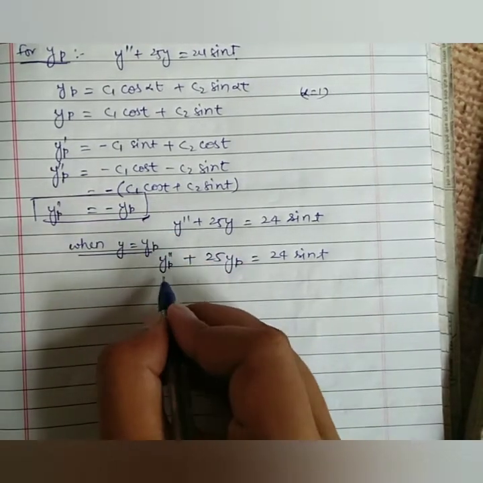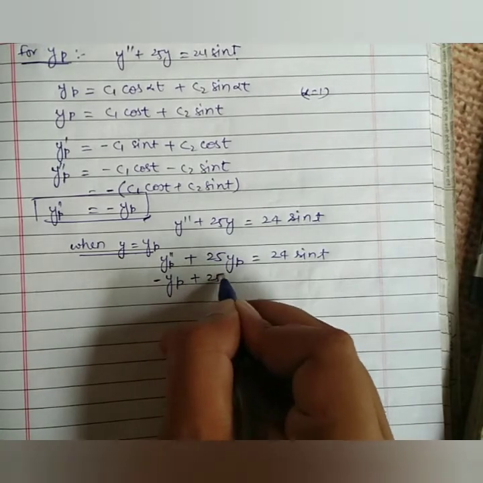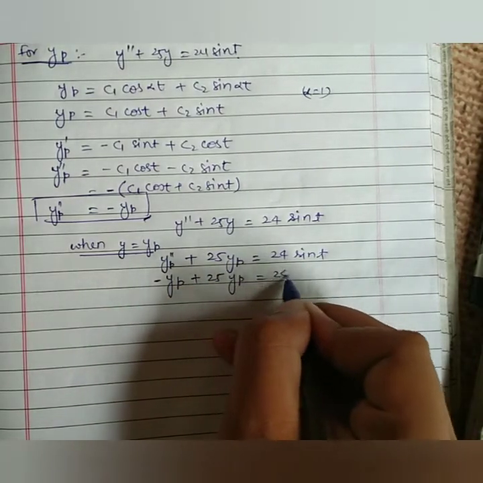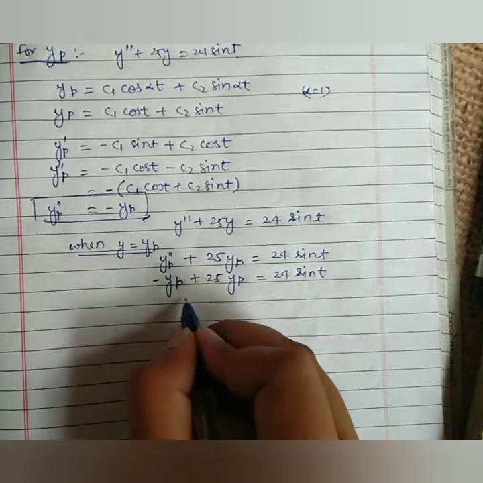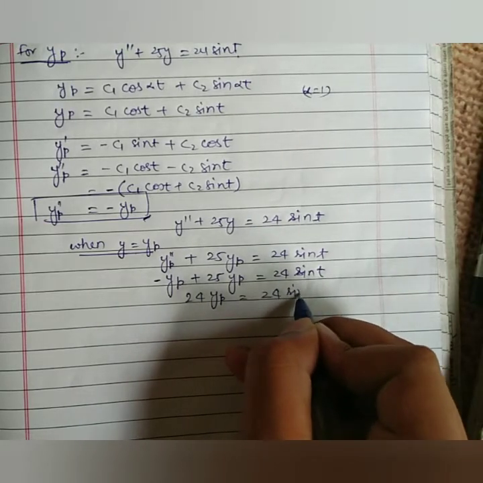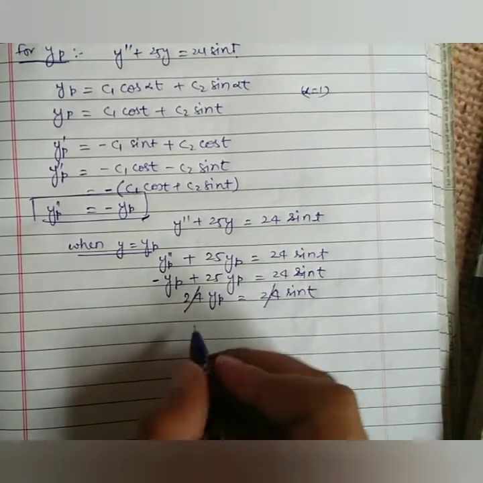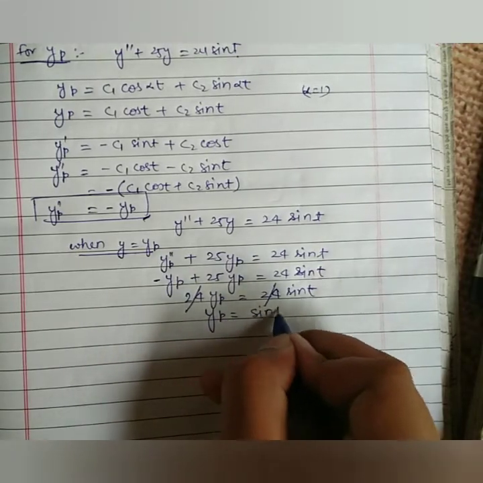From here we can write minus yp plus 25yp equals 24 sin t, and when we solve this, we get 24yp equals 24 sin t. We can cancel 24 from both sides, and then yp comes out to be sin t.